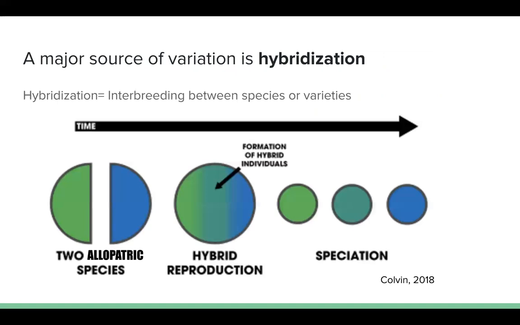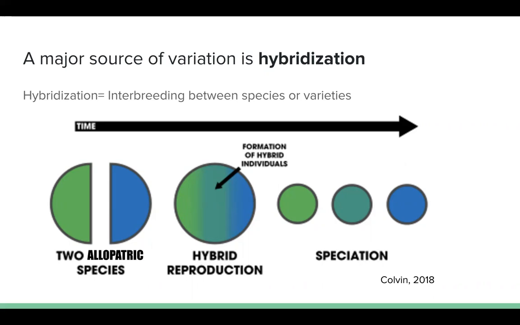Hybridization is an interbreeding between distinct populations, so an interbreeding between species or varieties. The type of hybridization I looked at in my research on the butterflies was between two allopatric species. Allopatric species are geographically isolated, but then there's a restoration of symmetry.